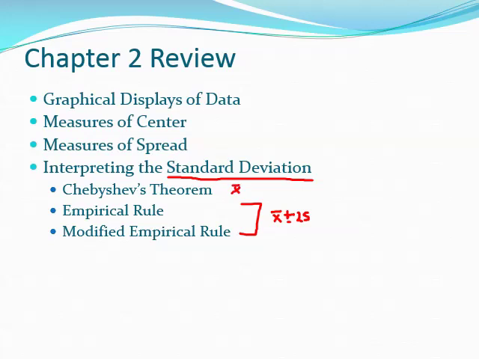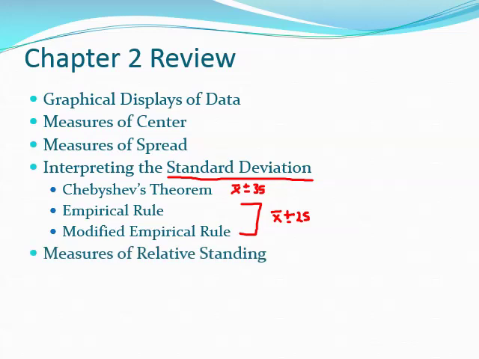If we're forced to use Chebyshev, then the numbers are smaller, and we have to bump it out to 3 standard deviations. And so when I ask you to interpret a standard deviation, I want you to use that to tell me where you expect most of the data to fall. We'll use whichever rule applies, and the corresponding interval of values.